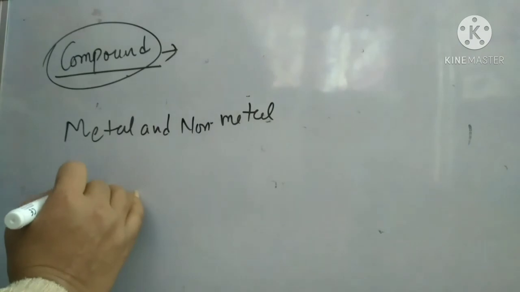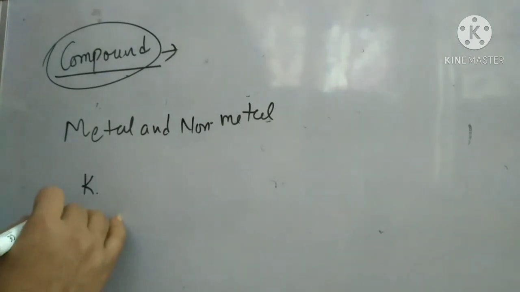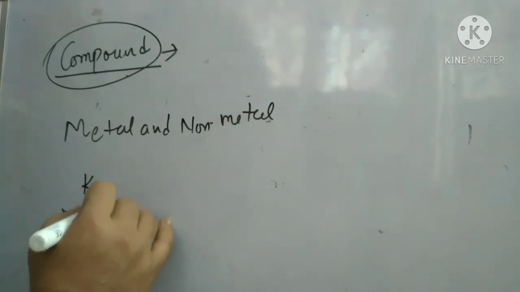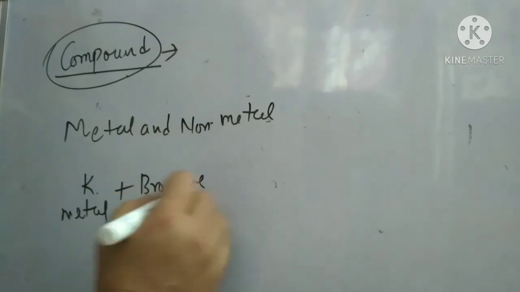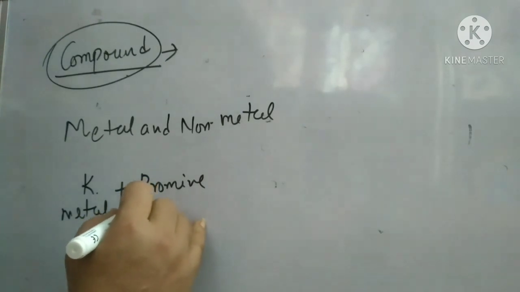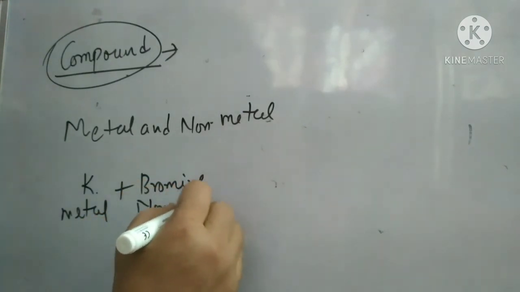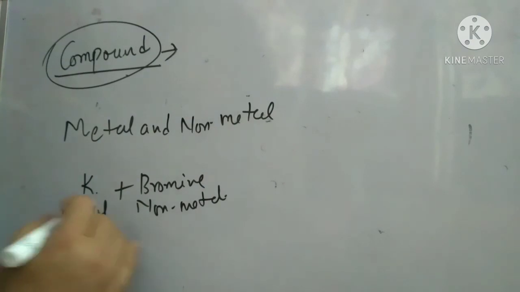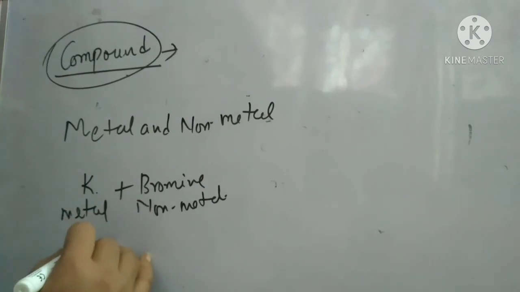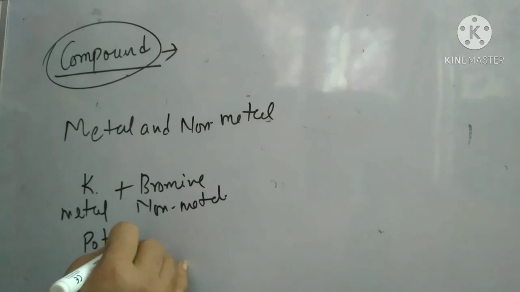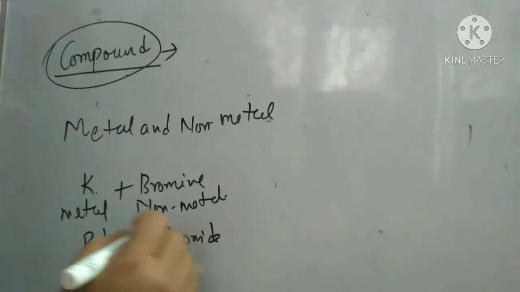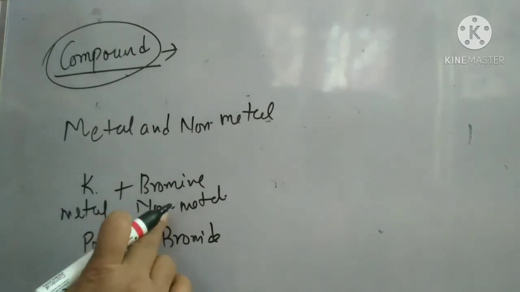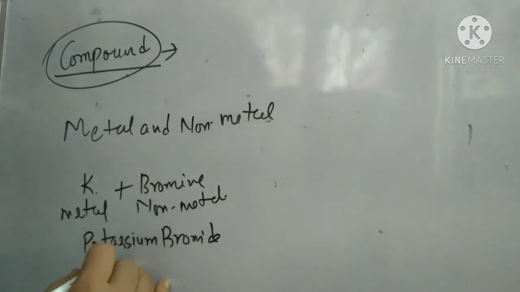Potassium K is a metal plus bromine is non-metal. So the name will be potassium bromide, KBr.